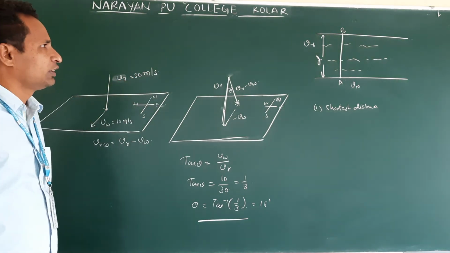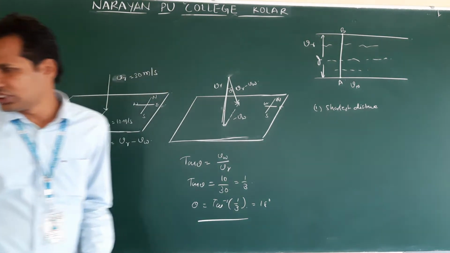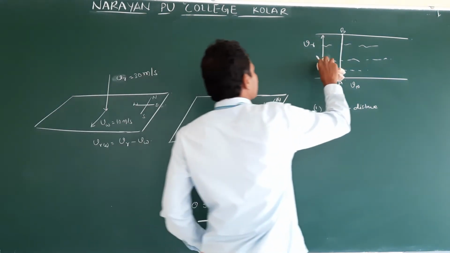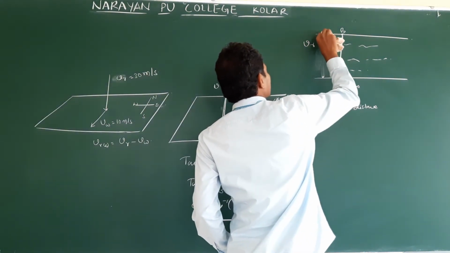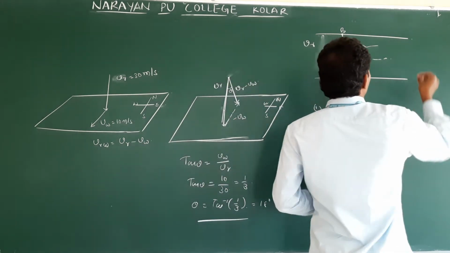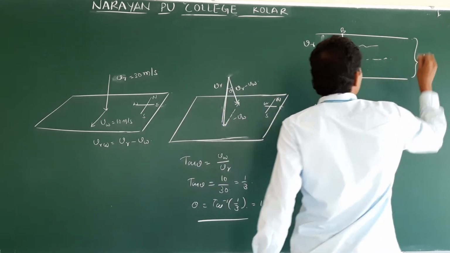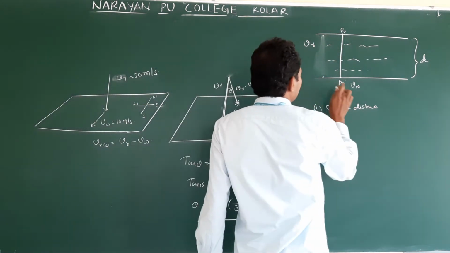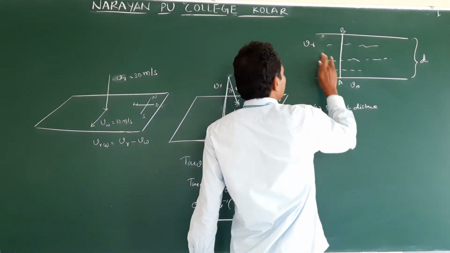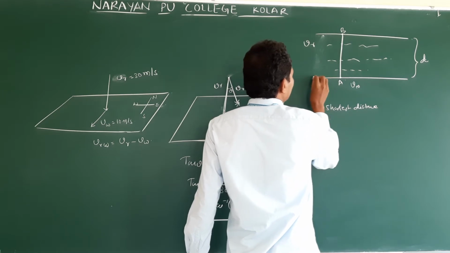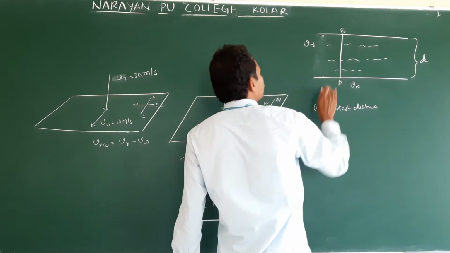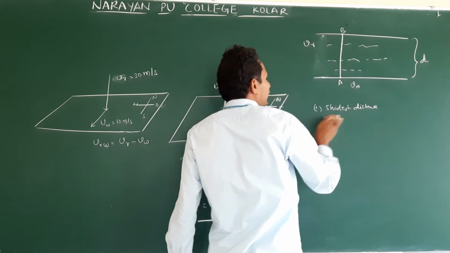So to follow the shortest path, this d I am writing here is the width of the river. First our concentration is the shortest path. So we will try to find how to reach the other bank in the shortest path.